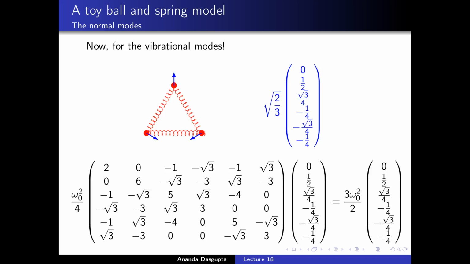Note that for a general triangulin molecule, the eigenvectors will of course stay the same, and this twofold degeneracy for one of the normal frequencies will still persist. The precise value of the normal frequency of course depends on the details of the potential energy, or the details of whatever model we are using for the triangulin molecule.